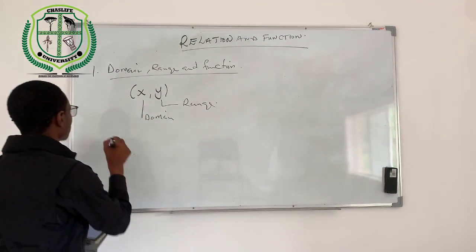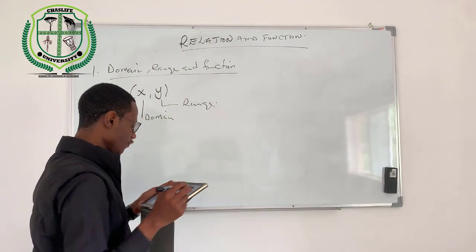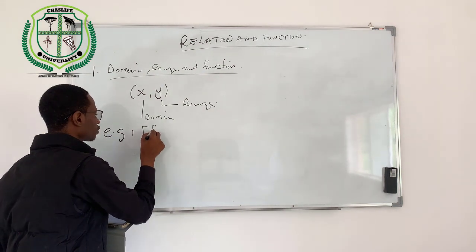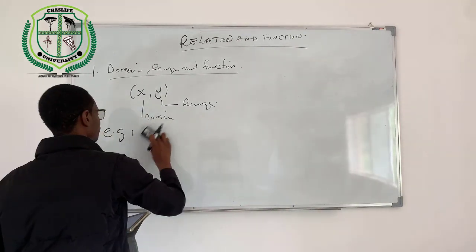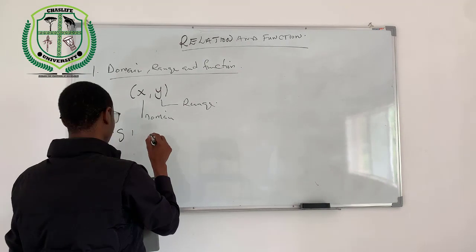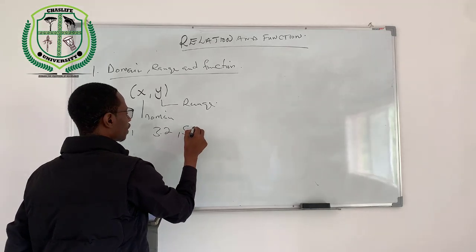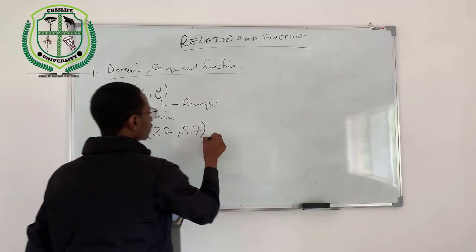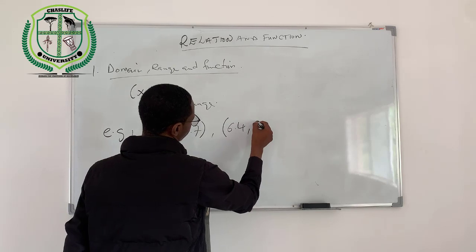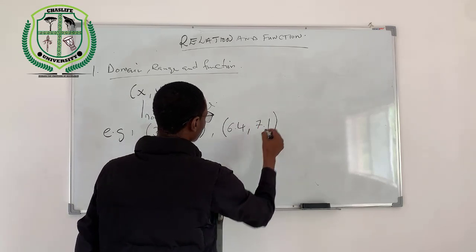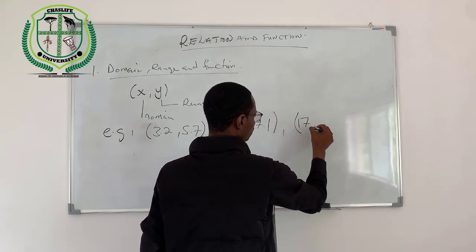For example, Example 1. If we have something like (3, 0.2), (5, 5.7), maybe (6, 7.1), then (17.8, 0.4), something like that.